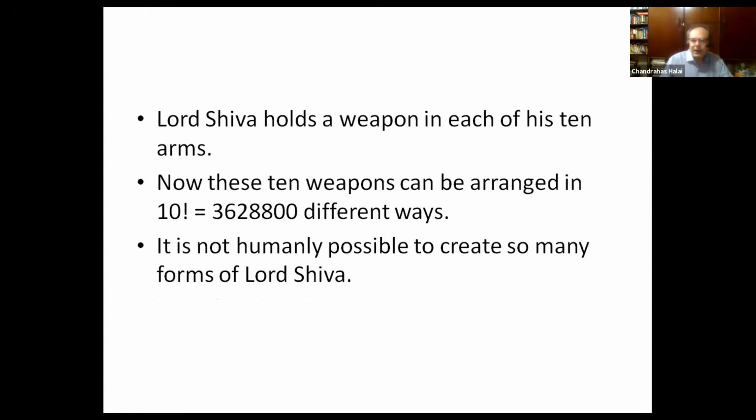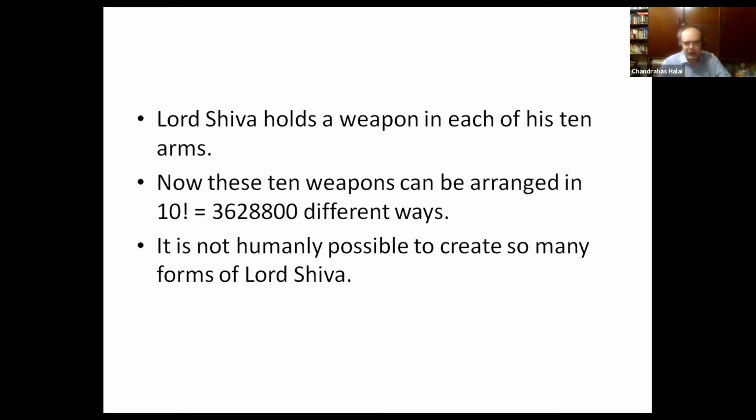So Lord Shiv, Shankar Bhagwan, Mahadev, holds a weapon in each of his 10 arms. Now these 10 weapons can be arranged in 10 factorial ways, and that's a very huge number, 36,28,800 different ways. So 10 ayudh or 10 weapons can be arranged in around 36 lakh different ways.